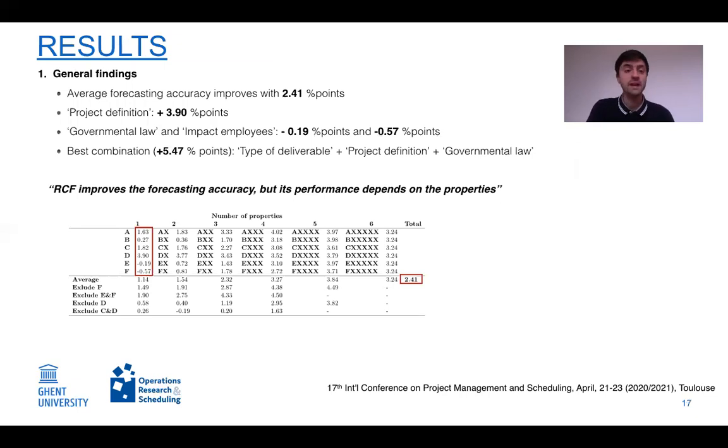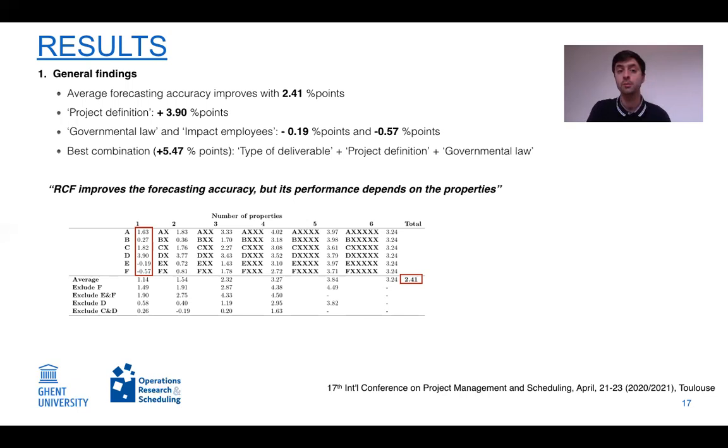This results in a number of interesting findings. First of all, we observed that the average forecasting accuracy improved with 2.41 percentage points if we used reference class forecasting, but some individual properties outperformed this average performance.